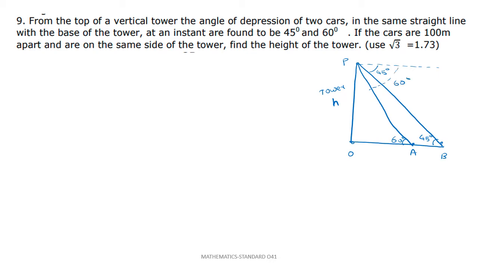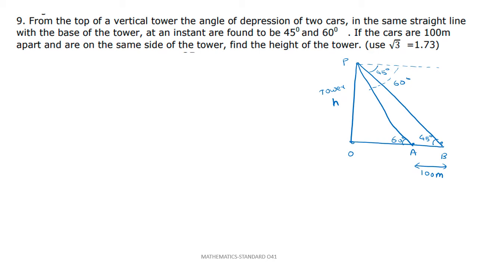Okay, so we have drawn the diagram. If the cars are 100 meters apart, so the distance between the cars A and B is 100 meters, we need to find the height of the tower.